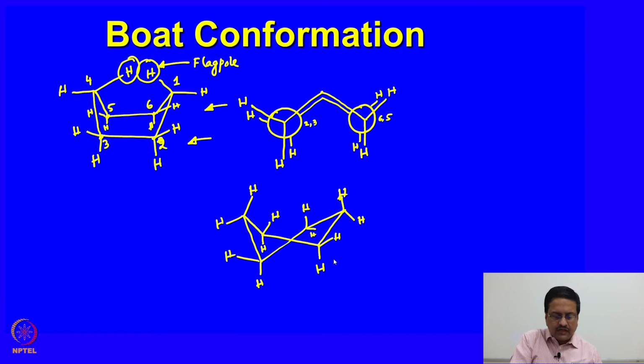In this particular conformation, this bond is above the plane of the projection and that bond is below the plane of the projection, and it is a twist boat conformation.